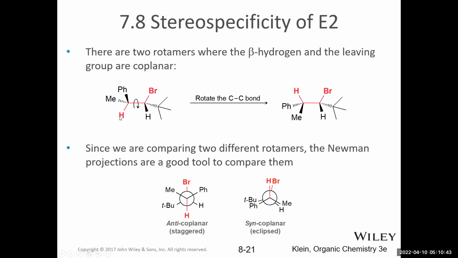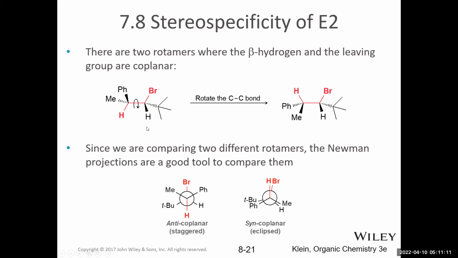Here we have a situation where we call this anti-coplanar because the bromine and the hydrogen are opposite one another, as opposed to when they're on the same side of the single bond, we call this syn-coplanar. So there's the anti-coplanar and the syn-coplanar conformation.